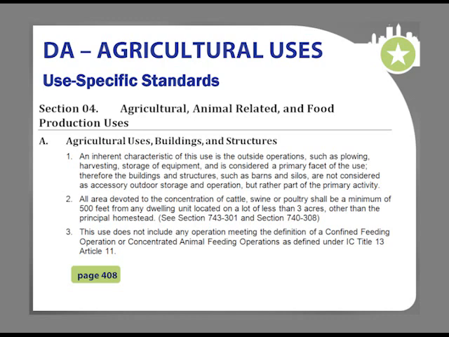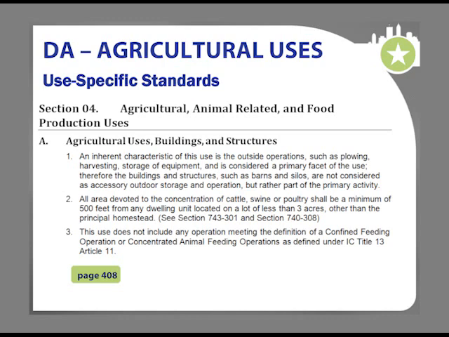They can be larger than the primary structure. We make it clear that that's permitted. However, if you do anything with the concentration of cattle, swine, or poultry, there are limitations and requirements of separation from other dwelling units. So that's important to note.